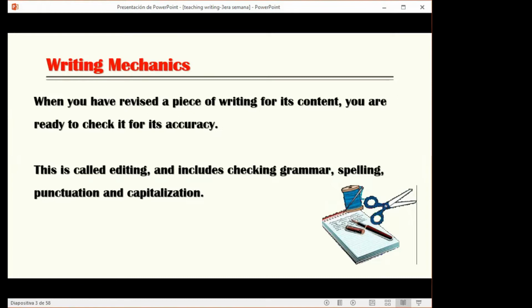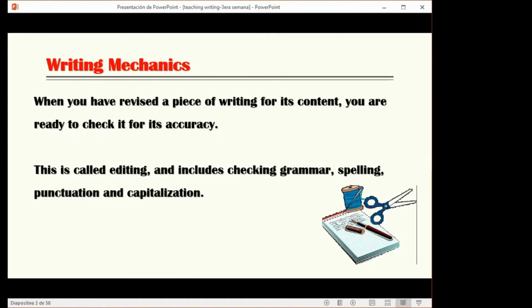And this is called, as we have seen before, editing. So when we edit, maybe you or another person, remember the famous proofreading? We as teachers are proofreaders because we ask our students to give us the piece of writing and we are going to check it.